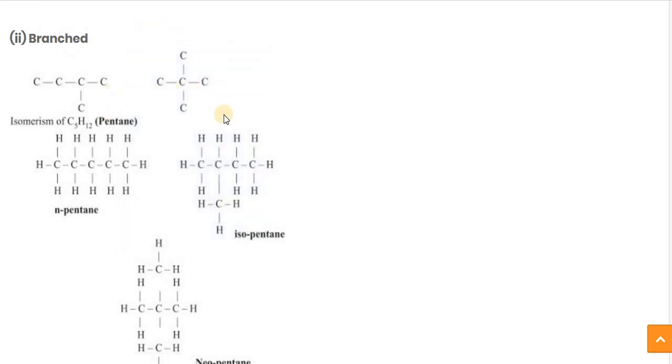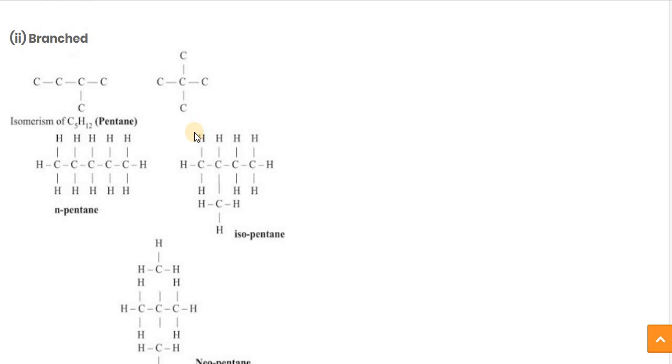The number of carbons is the same, but the structure is different. When the number of carbon atoms is the same but the structure is different, it is called an isomer.